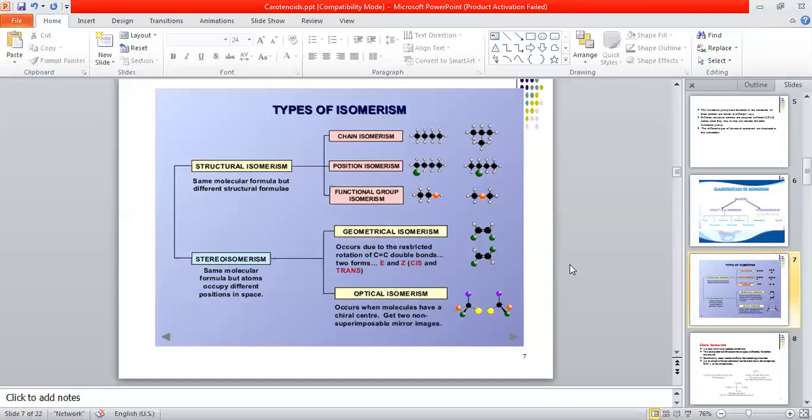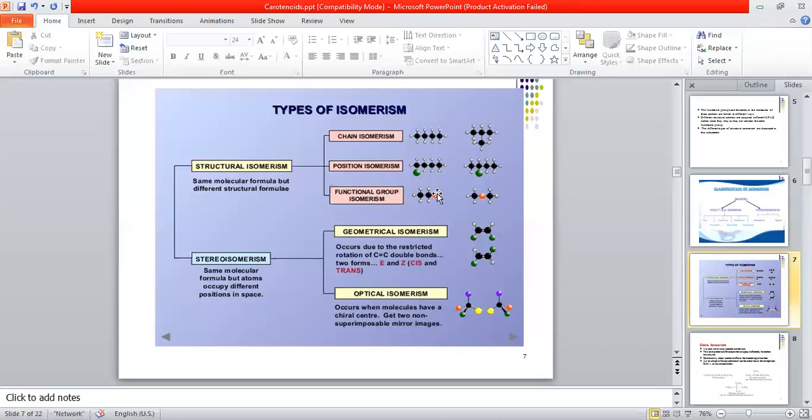So here the first one, the number of hydrogen atoms is 6, carbon number is 2, and oxygen is 1. In the next example also carbon number is 2, hydrogen number is 6, and oxygen is 1. Both have the same molecular formula but differ in the functional group.